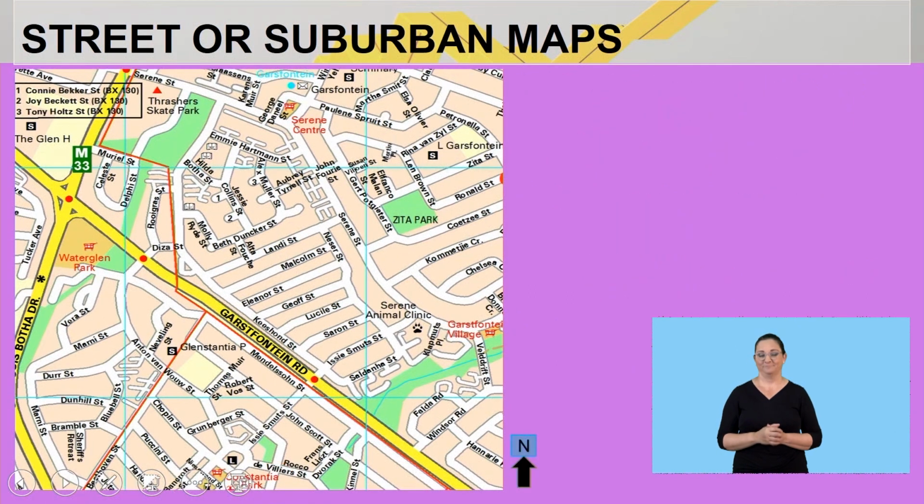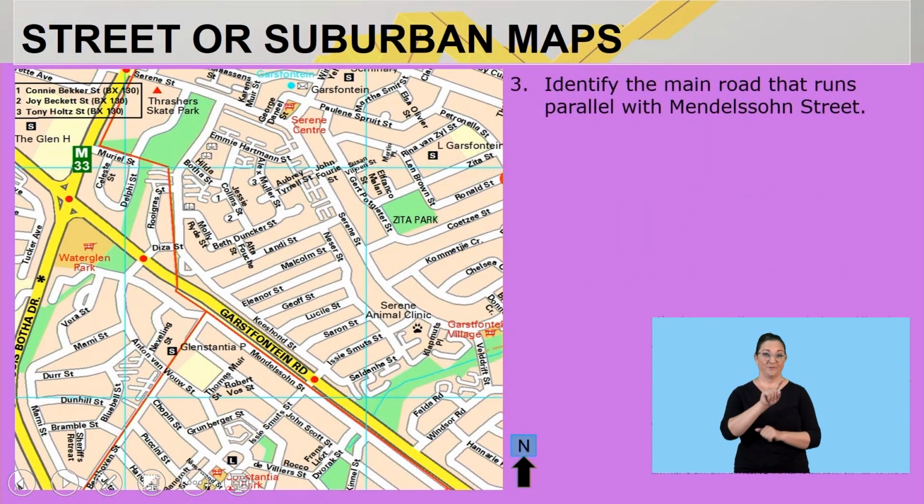In our next question, it says identify the main road that runs parallel with Mendelssohn Street. Remember, first we need to see what parallel means. It runs in a similar way. So first I need to find Mendelssohn Street. Here is Mendelssohn Street.